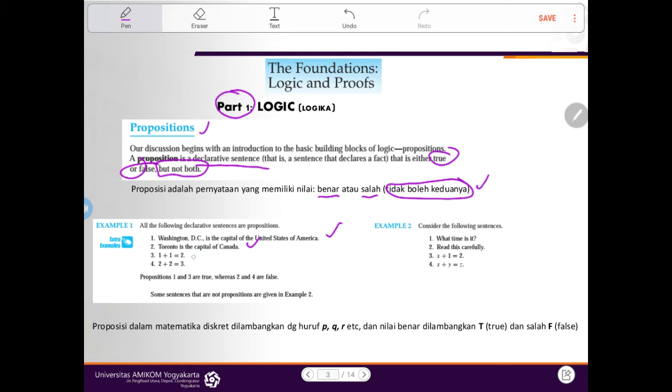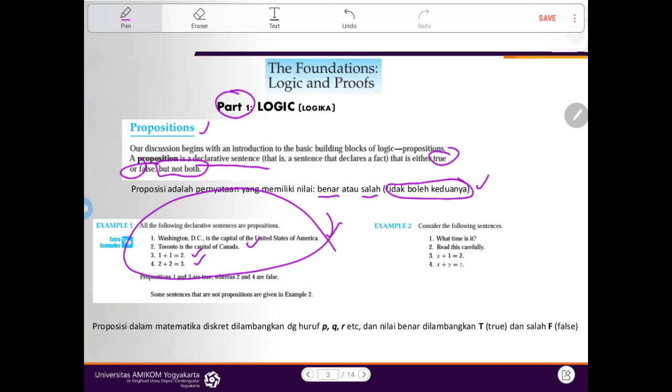And 1 plus 1 equals 2 is true. 2 plus 2 equals 3 is also a proposition but false. These 4 sentences are propositions because the sentence has value either true or false.